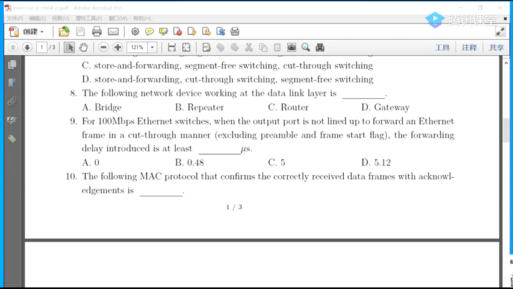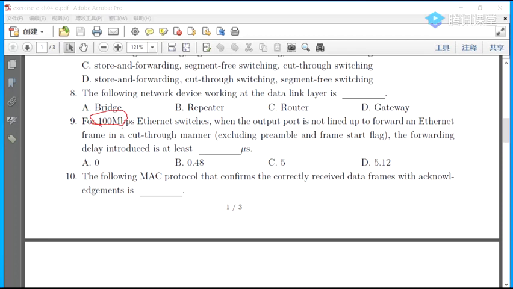Question 9. For 100 Mbps Ethernet switches, when the output port is not queued up to forward an Ethernet frame in the cut-through manner, excluding preamble and the frame start flag, the forwarding delay introduced is at least which one? Which one is the answer?